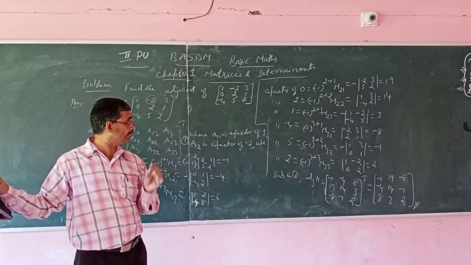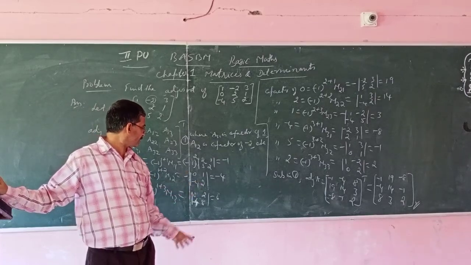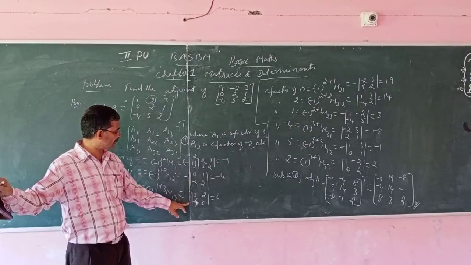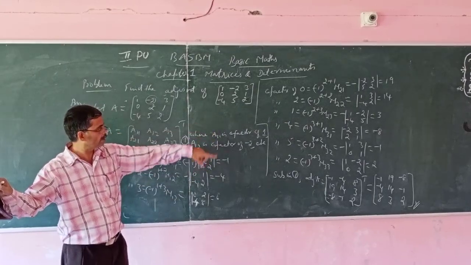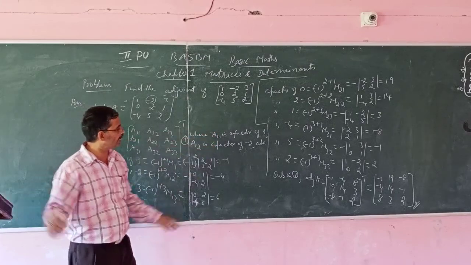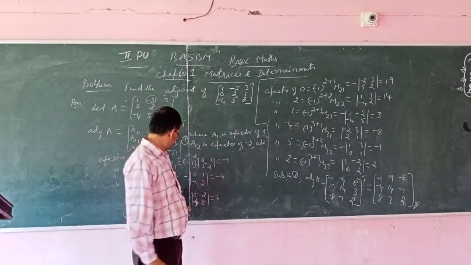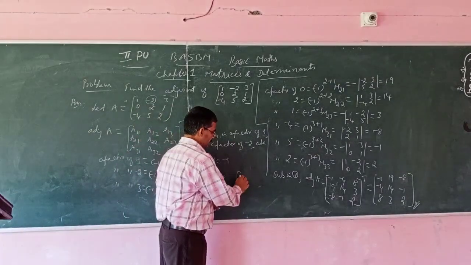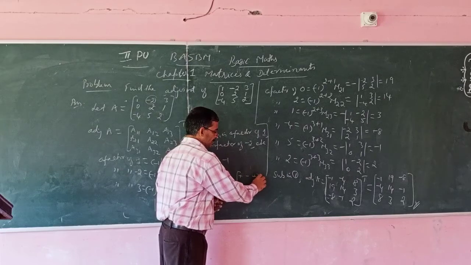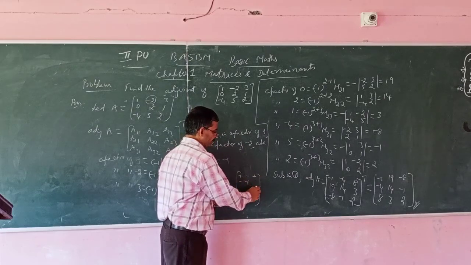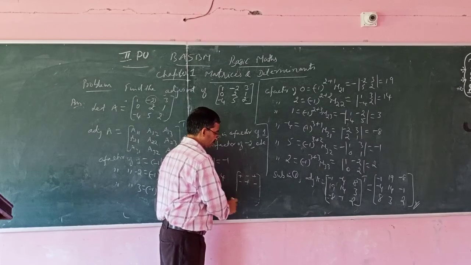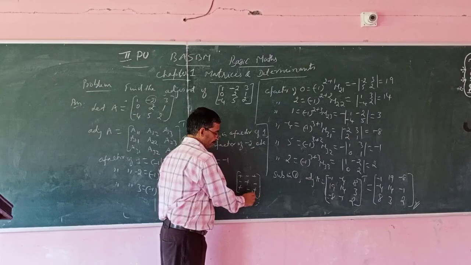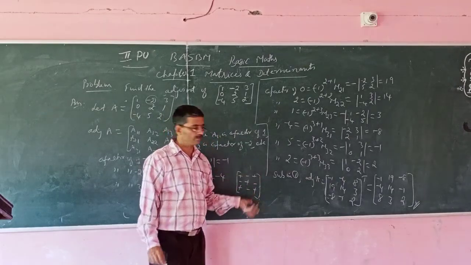The sign pattern is plus minus plus, next minus plus minus, next plus minus plus. This method you can always apply for order 3.